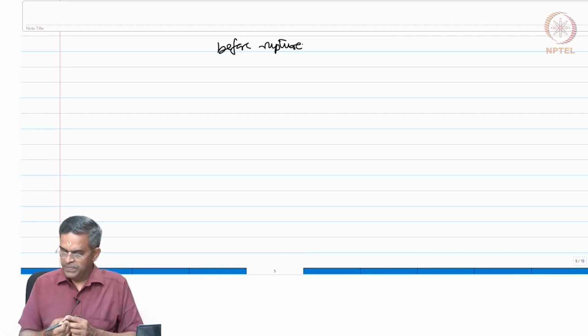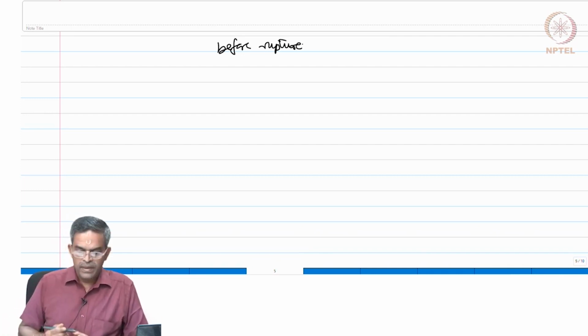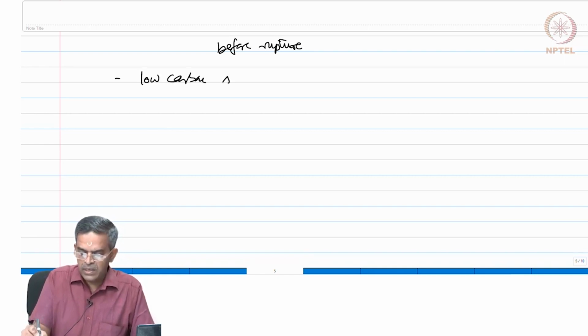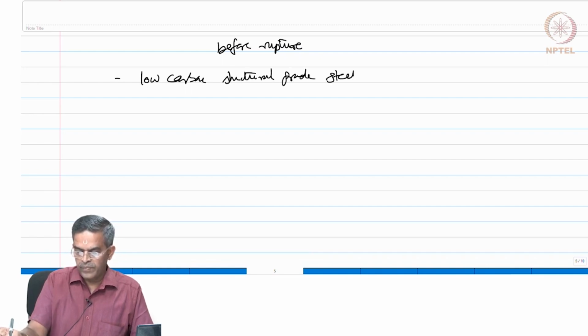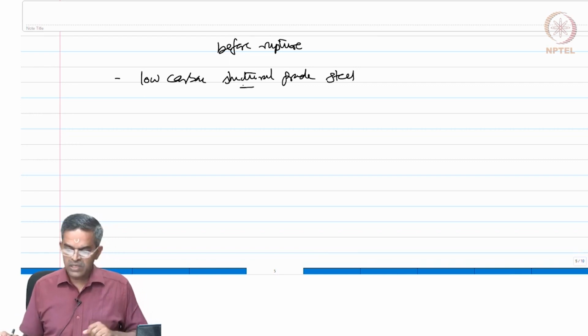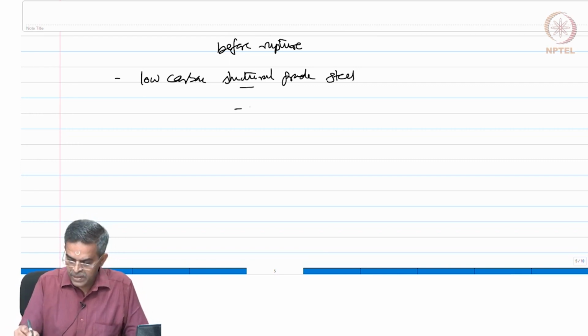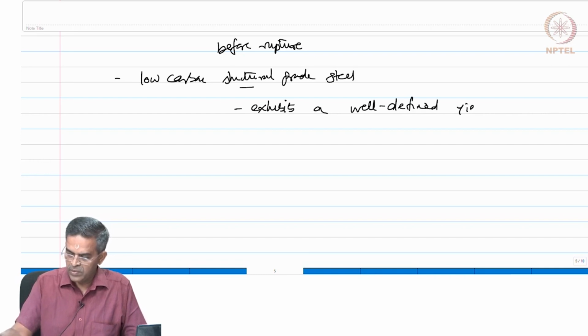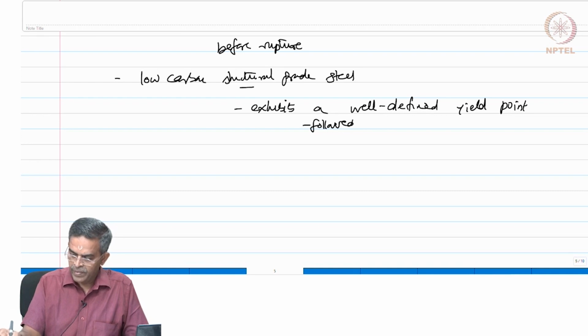Having said this, let us look specifically at a low carbon structural grade steel. A low carbon structural grade steel exhibits a well defined yield point which is followed by a flat yield plateau.